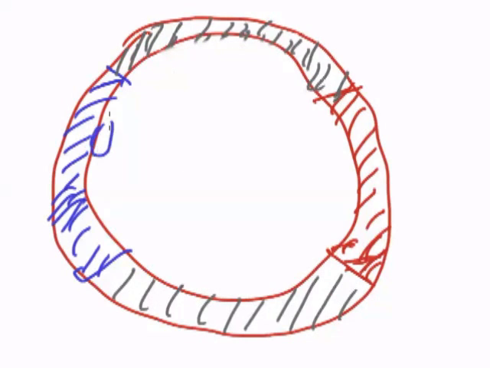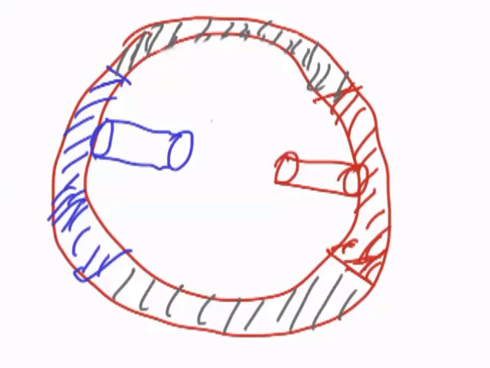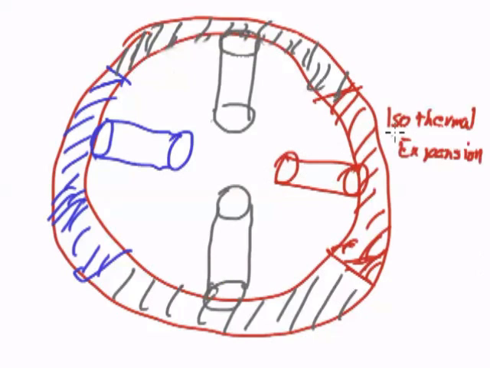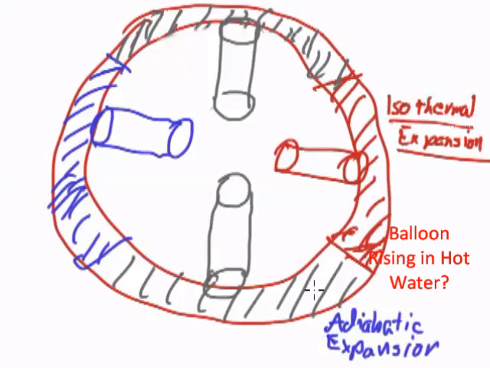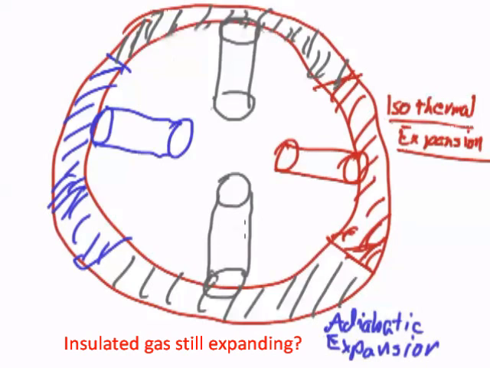And then, like in our 4-cycle engine, we're going to present it as though we have 4 pistons moving around. Somehow this cylinder is doing isothermal expansion, and this cylinder is doing adiabatic expansion, and those two working together are performing the power stroke.